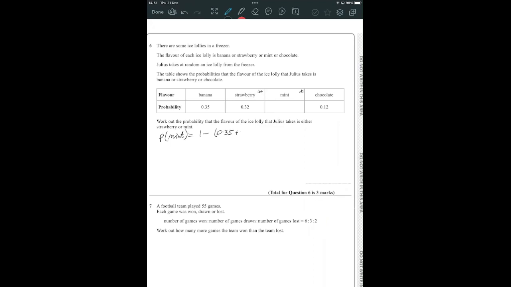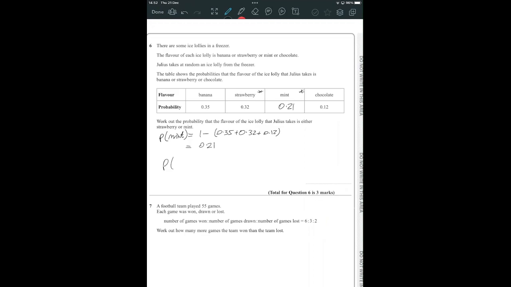So if we get rid of all of the probabilities we have already, subtract that from 1, we will hopefully get, well, we will get the correct answer, 0.21. So I'm going to put that into the table.